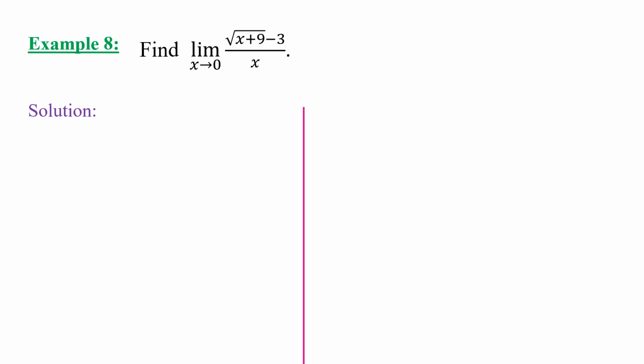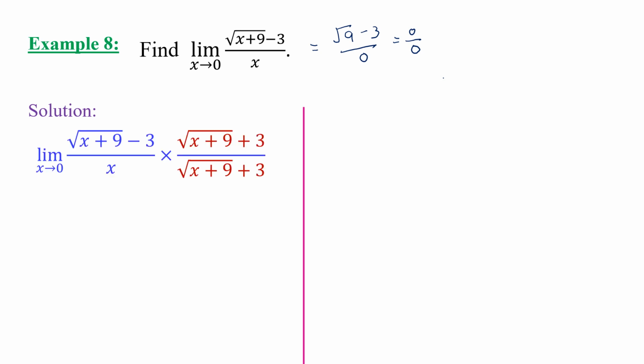Let's try example 8. Find the limit as x approaches 0 for the function square root x plus 9 minus 3 over x. We directly substitute x equal to 0. So we get 0 over 0. Since there is a surd function, we can use multiplication of conjugate to evaluate the limit.